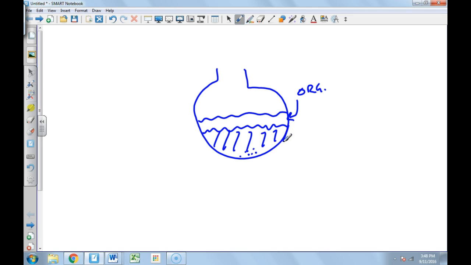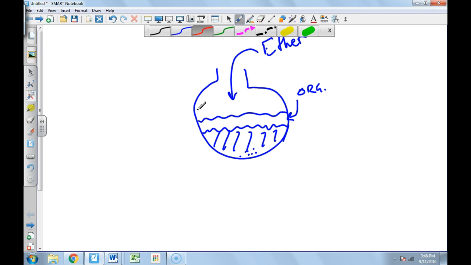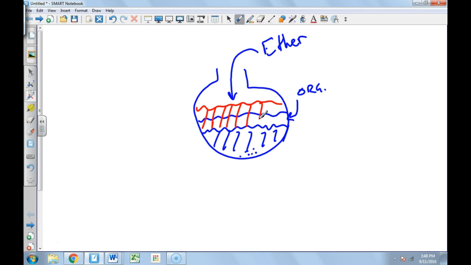Okay, and then we're going to continue to promote that separation in the next step by adding ether. We're going to add ether in here, and ether is an organic solvent, and so that organic compound, I'll change colors here, is now going to dissolve in it.